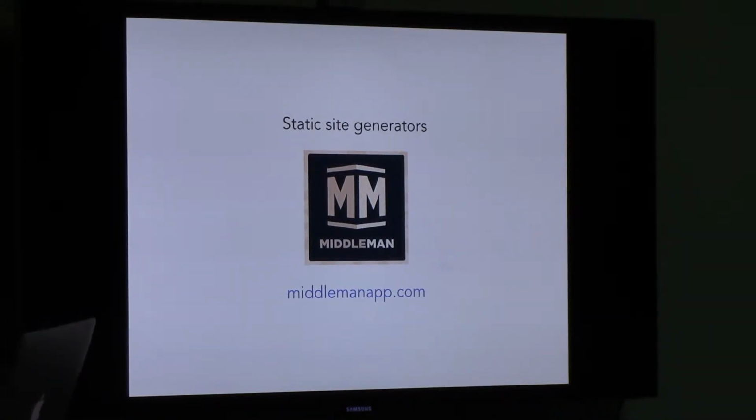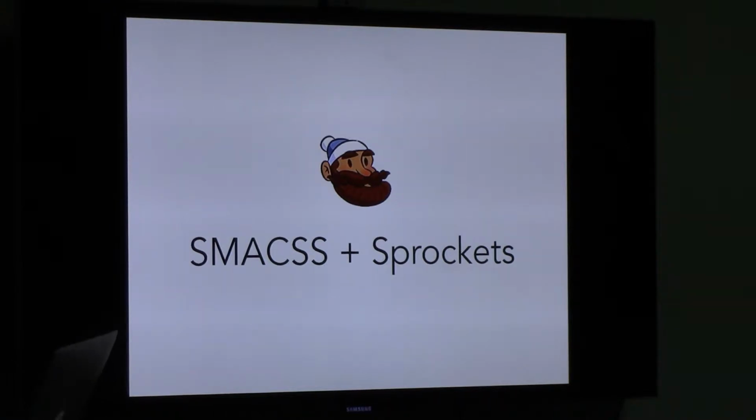But you can work on it like a Rails project. That's what Middleman gave to me. It gave me the familiarity of a Rails project, but it compiled into a static website that I can sell. So Sprockets was a big help for me.